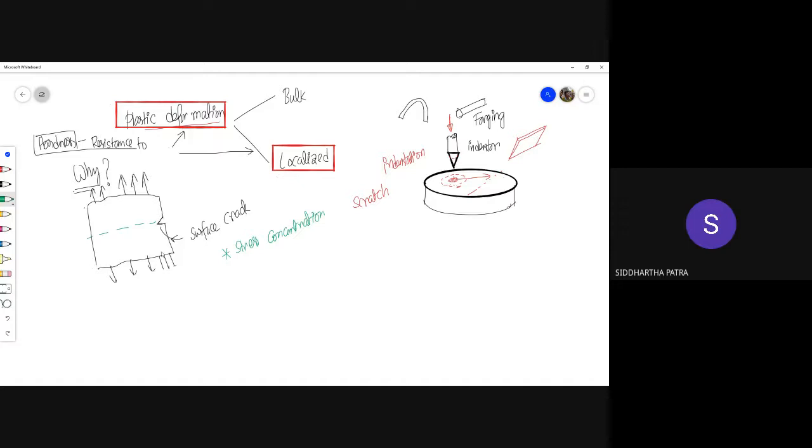So if I apply uniform stress to a component which has a surface crack, that crack may or may not be generated due to a scratch by a sharp object. I'm talking about day-to-day application, like the screen of your cell phone.